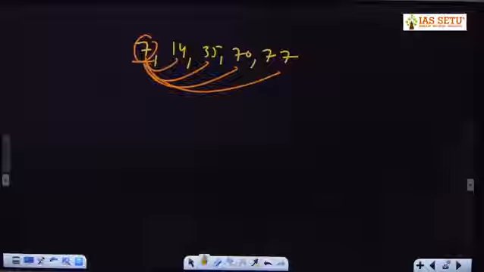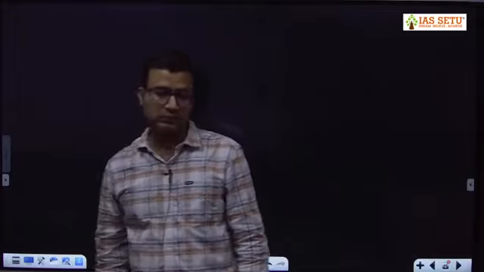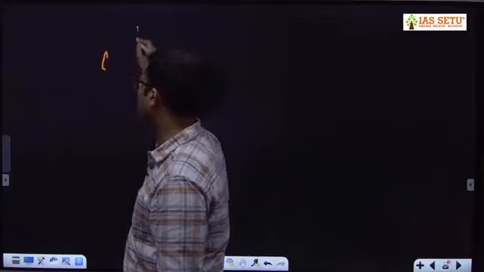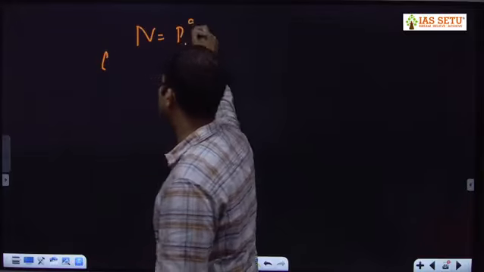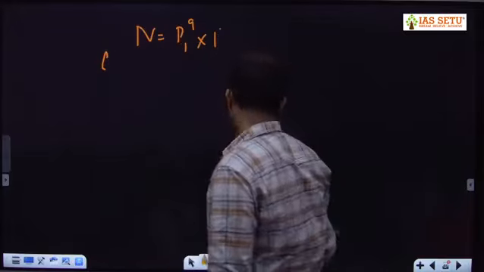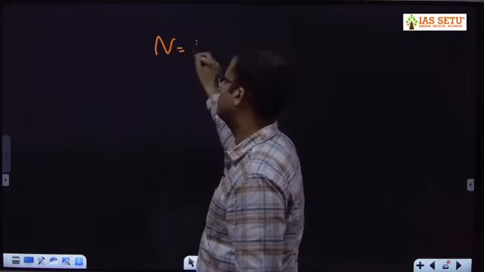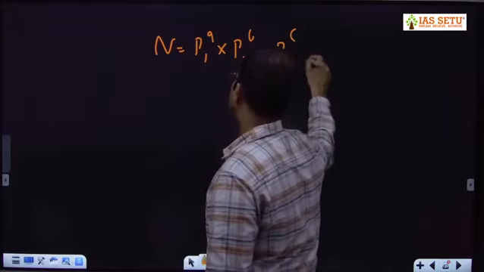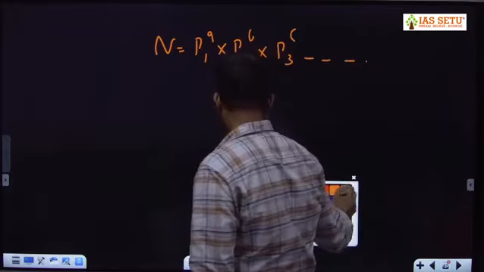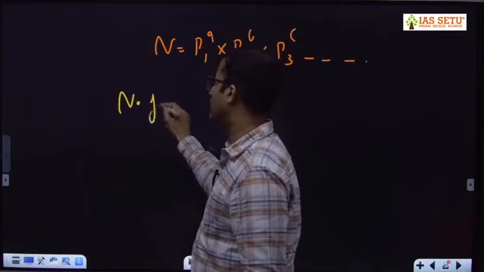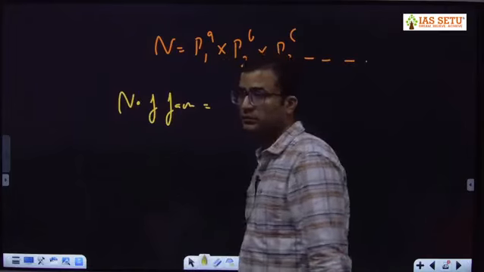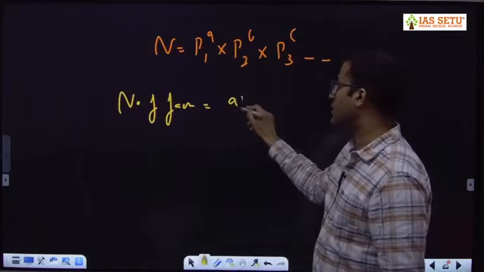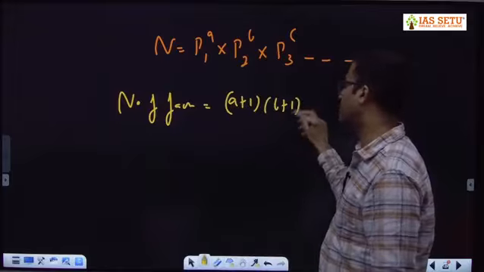Fine. So quickly we revise what we have done today. First, we have done the factors and divisors topic, where I told you prime form n is equal to p1 to the power a into p2 to the power b into p3 to the power c and so on. Number of factors is a plus 1 into b plus 1 into c plus 1.